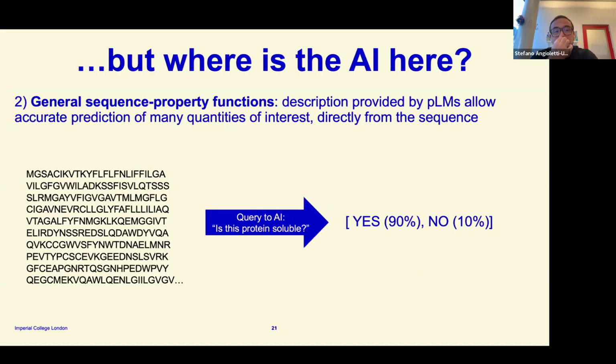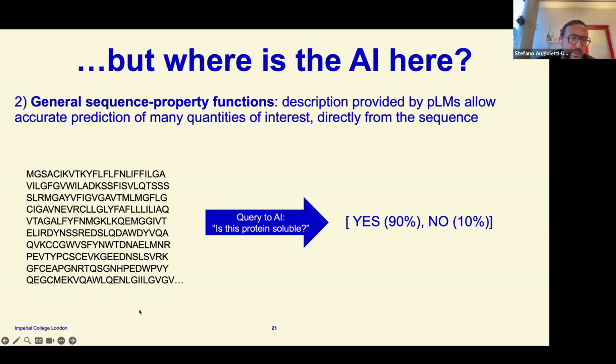The other way in which we use AI is to get general sequence-property-function predictions. What I was trying to describe before is that, based on the description provided by a protein language model, we can make very accurate predictions of many quantities of interest directly from the sequence, without passing through a structural prediction.